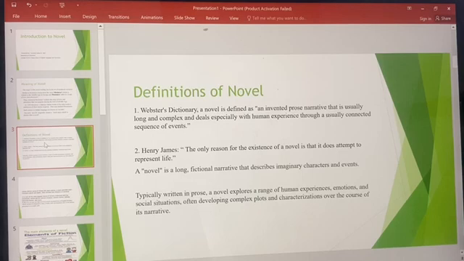Typically written in prose, a novel explores a range of human experiences, emotions, and social situations, often developing complex plot and characterizations over the course of its narrative.